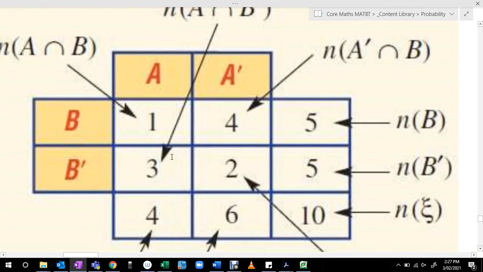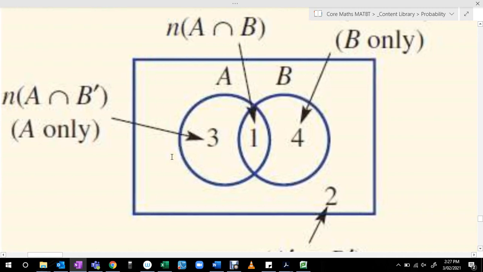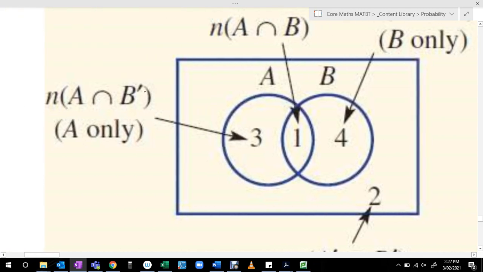One thing I also forgot to mention: A only, B only. Remember I said A union B dash means everything that's not B. If you have A intersection B dash, that means A only. So see the difference when you change the symbol, it changes the meaning.